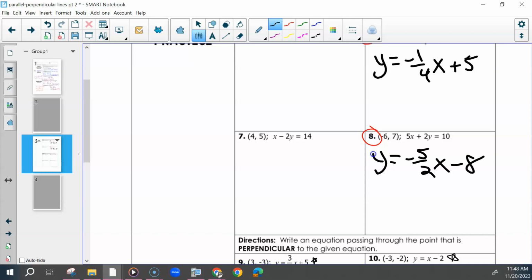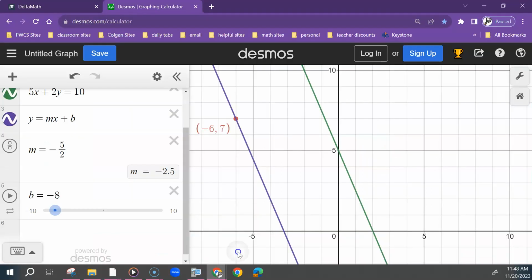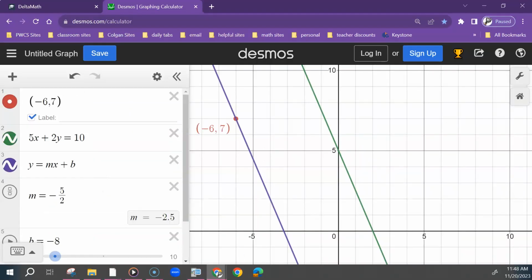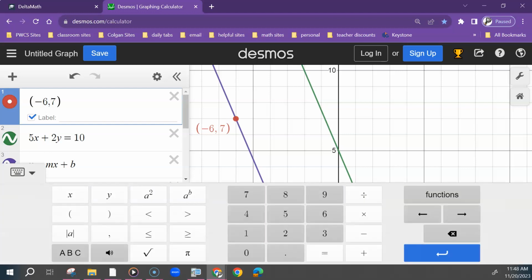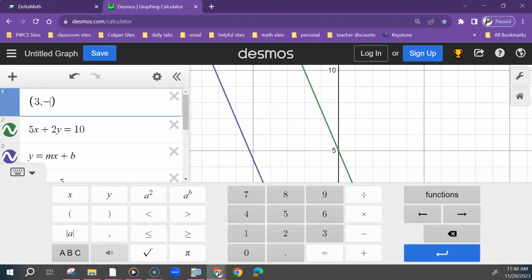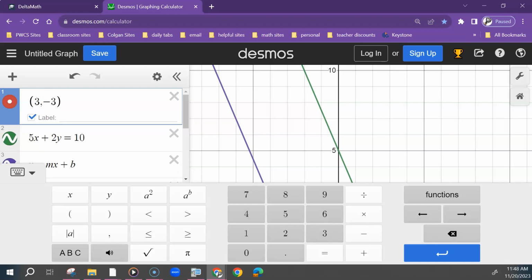Pick one of the perpendicular ones so I can show you how that works and then 9. Okay. Well, that was quick. Alright, so change your point to 3, negative 3. Change the equation to the one given.